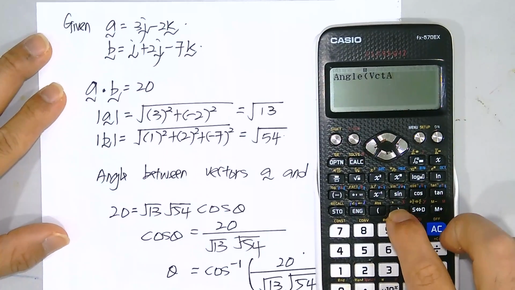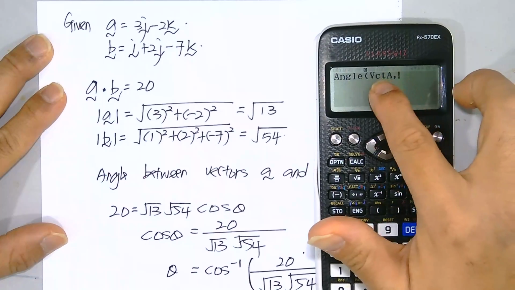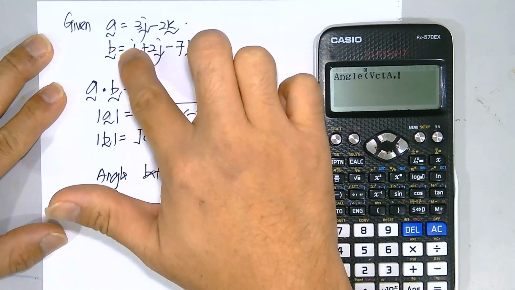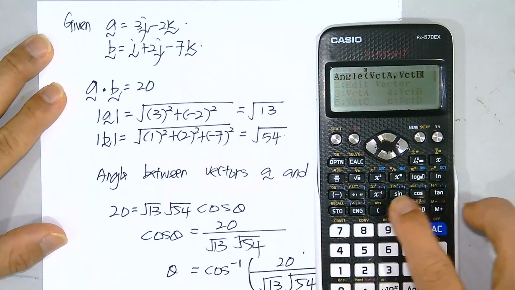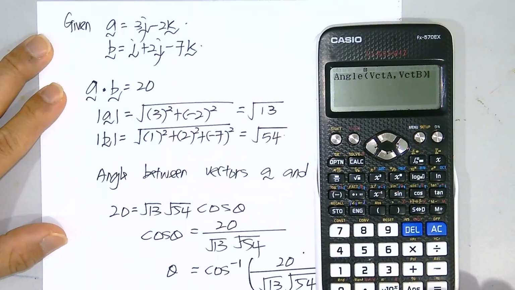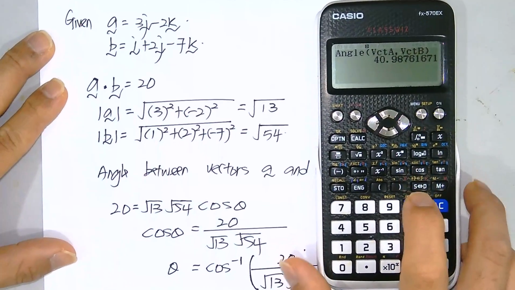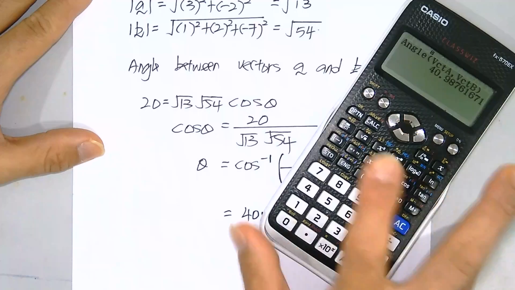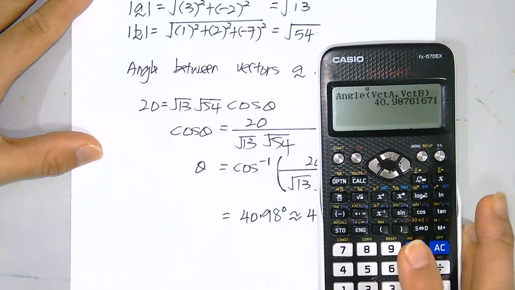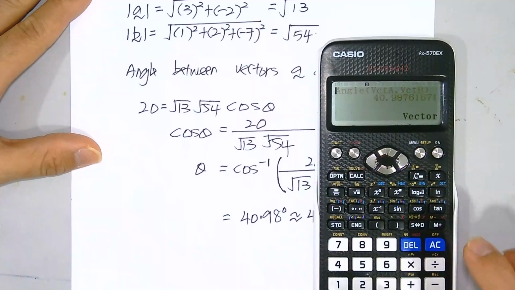Then you put a comma, shift comma. Then option again, vector B, then bracket, then press the button equal. Then you get 40.98, exactly like 40.98 degrees. So this is the way we find the angle between the two vectors, right?